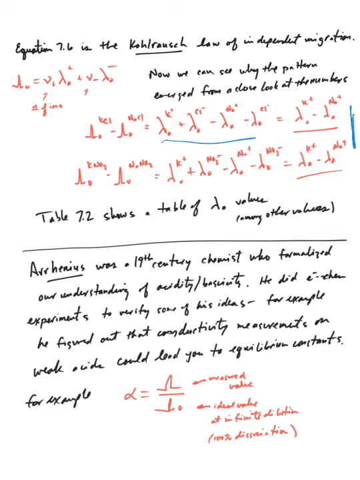Basically, he came up with this expression where this alpha here is the degree of dissociation of the weak acid. Basically, it's a ratio between the measured value of the conductance compared to what it would be at the ideal value, or at infinite dilution. In other words, if the weak acid totally dissociated.